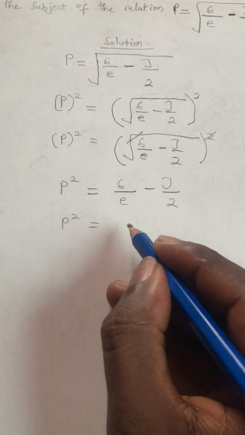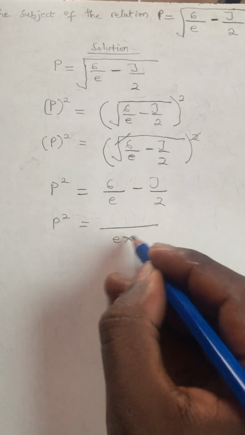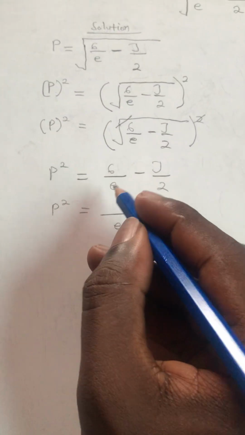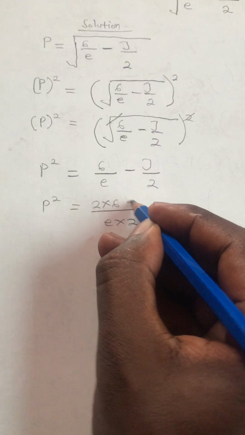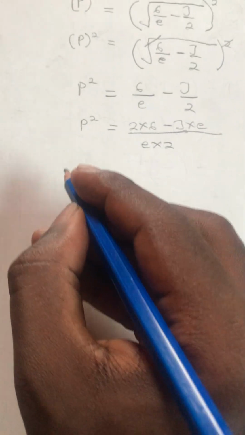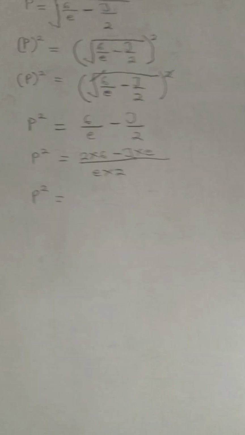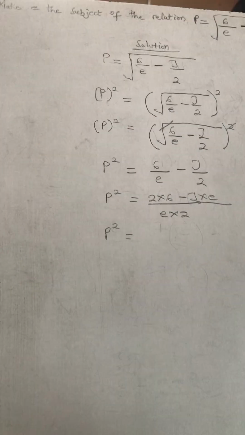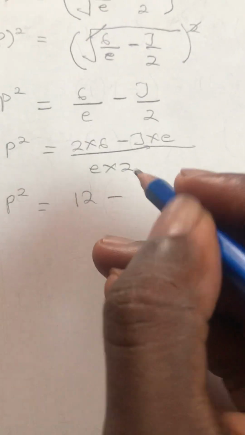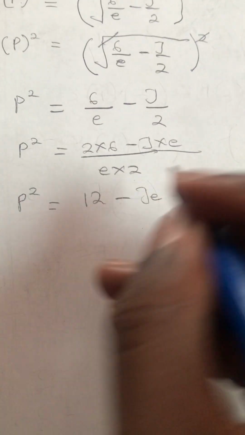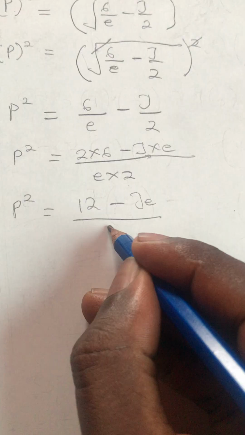So in multiplying our denominators, we are going to have E multiplying 2 for our denominators, and our numerators to be 2 multiplying 6 minus J multiplying E. So we are going to have P squared equals 12 minus JE, so it's a fraction over 2E.